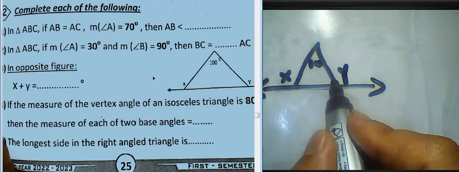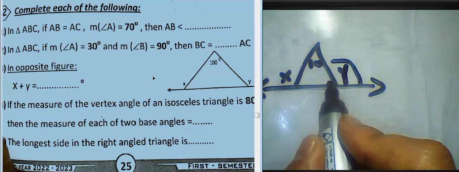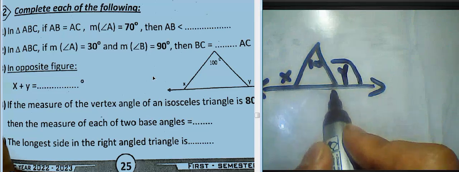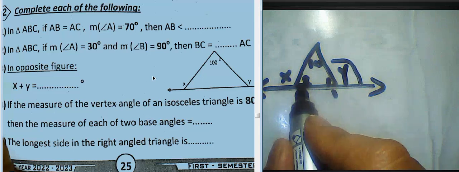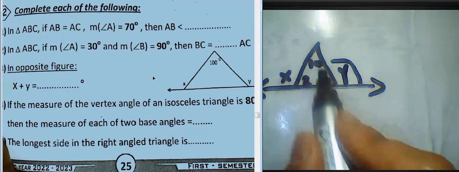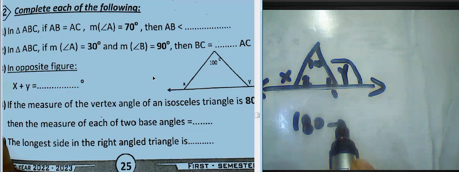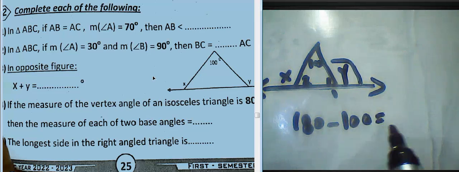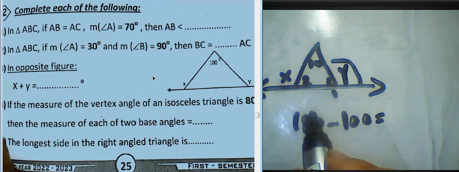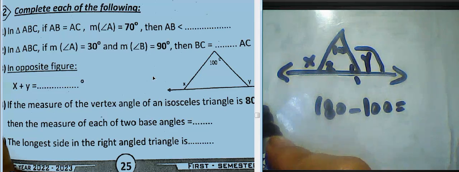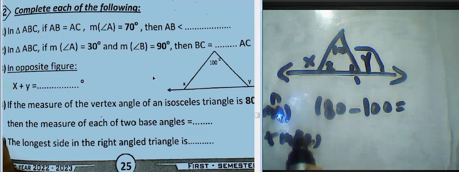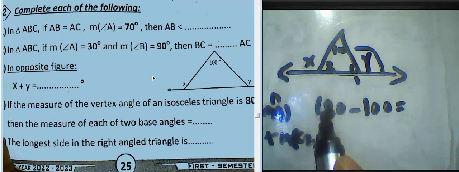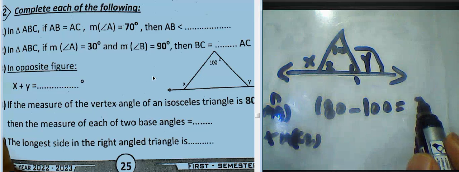We know this outside angle: angle 1 plus angle 2 equals 180 plus 100... 180 minus 100 equals 80 degrees.